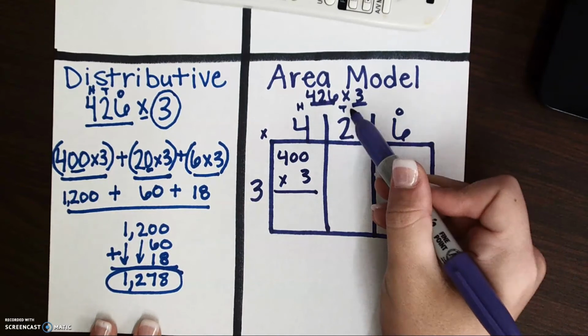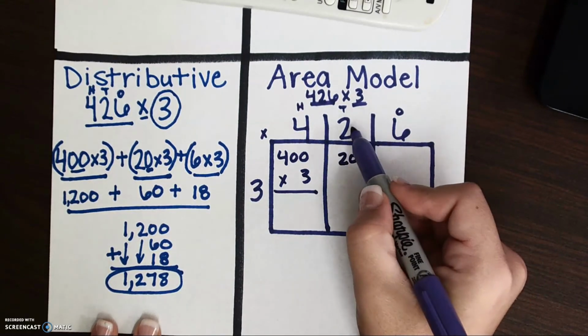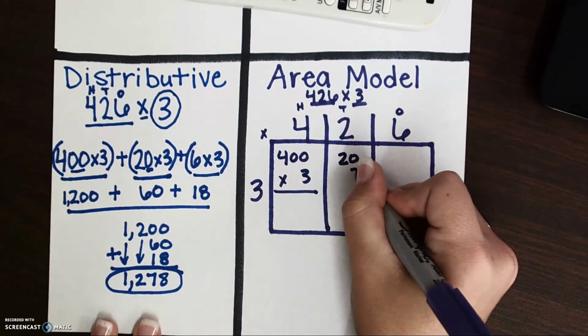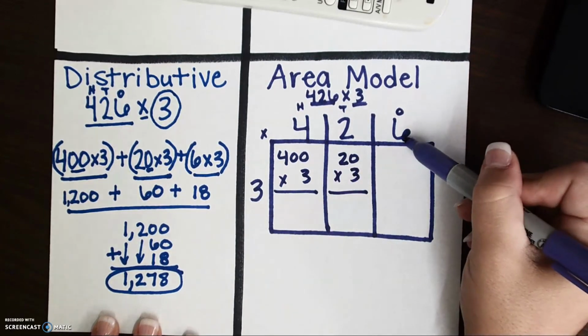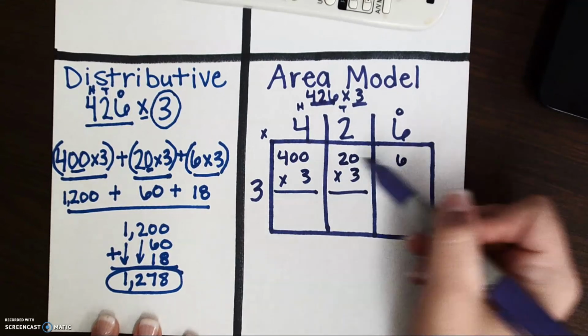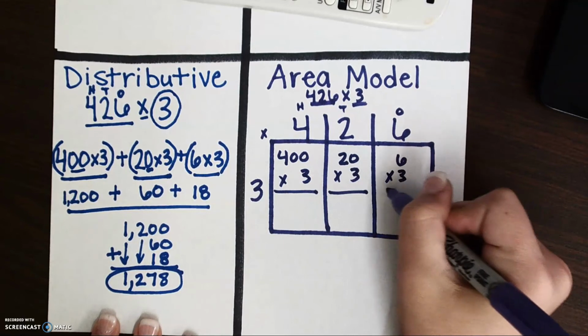Then my 2 is in the tens place, so it's worth 20. So 20 times 3 in this box. And then this 6 here is in the ones place, so it's just worth 6. I'm going to do 6 times 3 in this box.